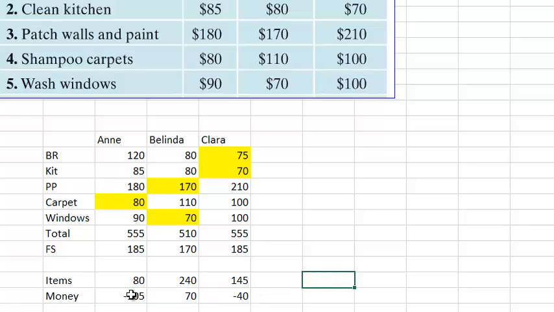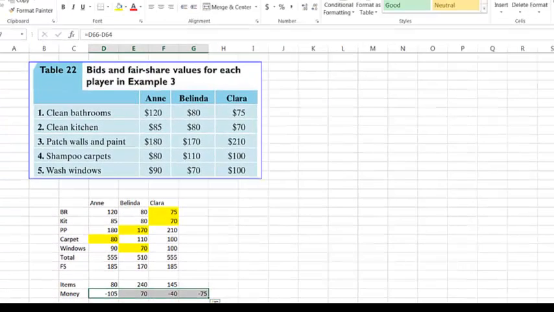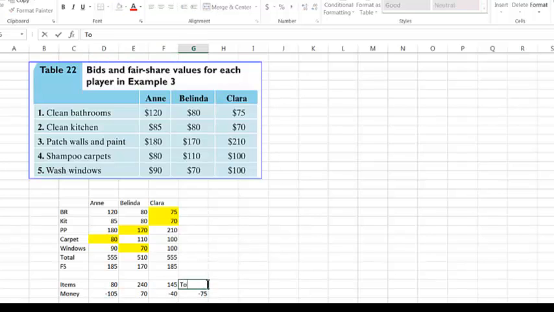Now, we're going to need to figure out our surplus again. So we add those up across there and click auto sum. Remember now again, this is not the surplus, this is the total money, and it's from the perspective of the players, right? So the surplus is the reverse of that.